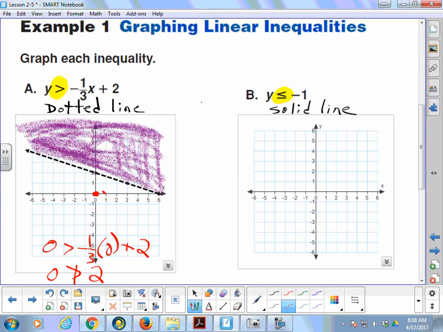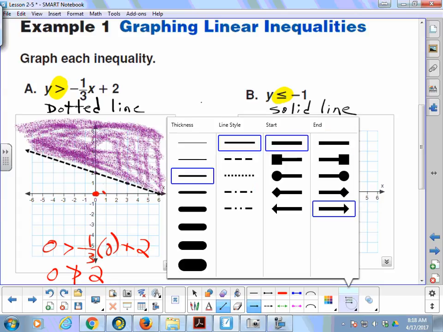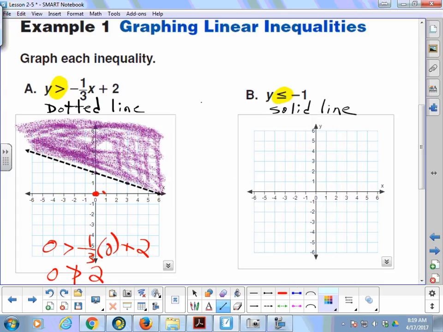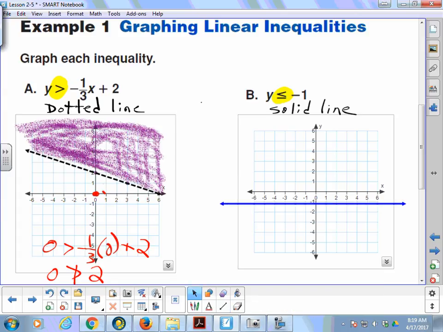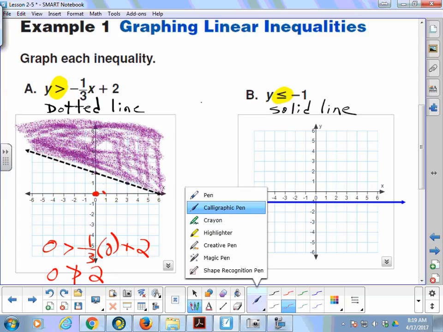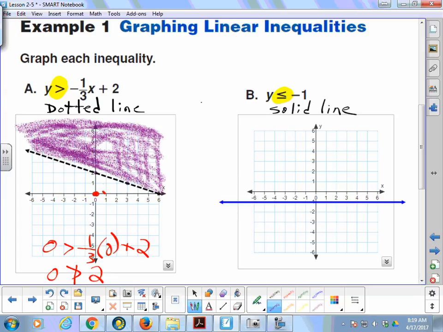And it says it's less than or equal to, so I'm going to have a solid line at negative 1. y equals negative 1, solid line there. And it says less than or equal to, so I'm going to shade below that line.